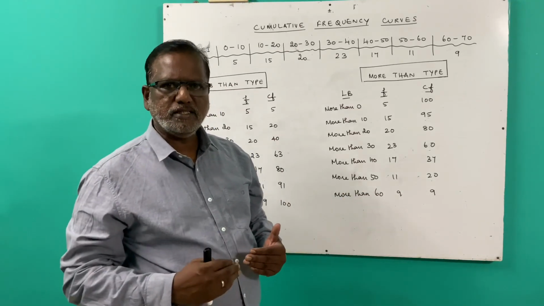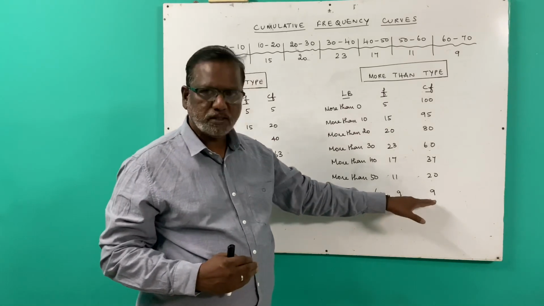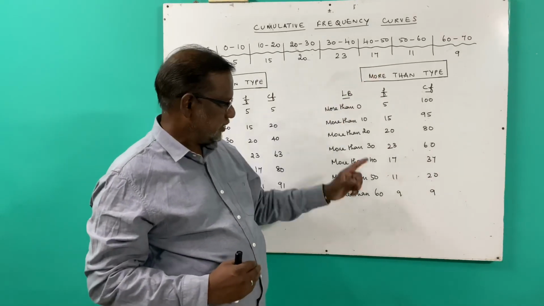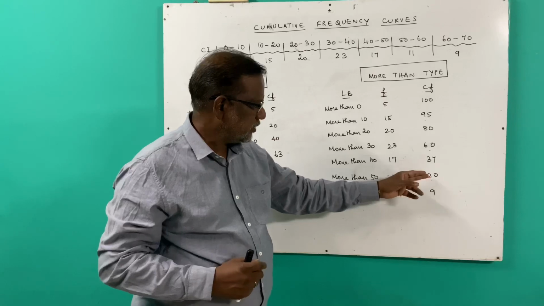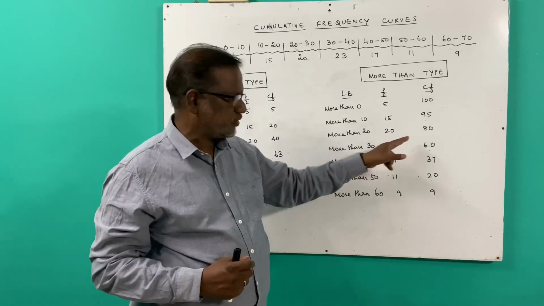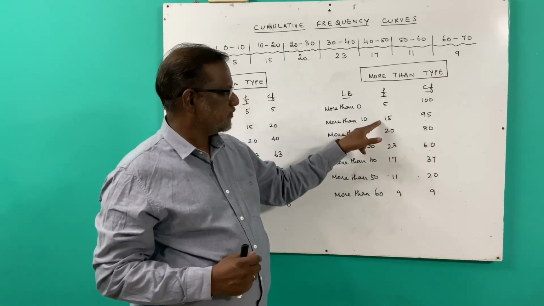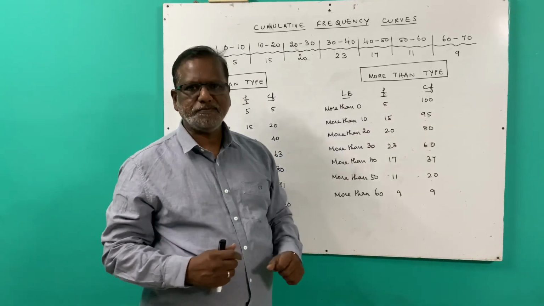Then, for the cumulative frequency, we start from the bottom of the table and add from bottom to top. Likewise, 9 plus 11, 20; 20 plus 17, 37; 37 plus 23, 60; 60 plus 20, 80; 80 plus 15, 95; 95 plus 5, it is 100.